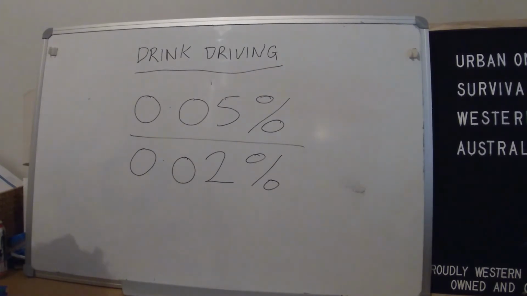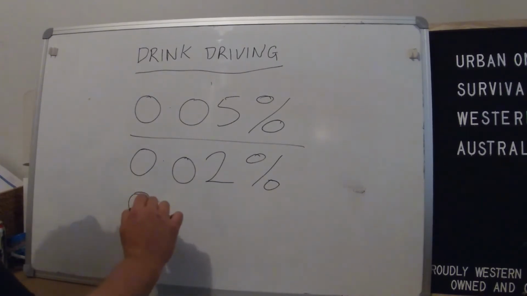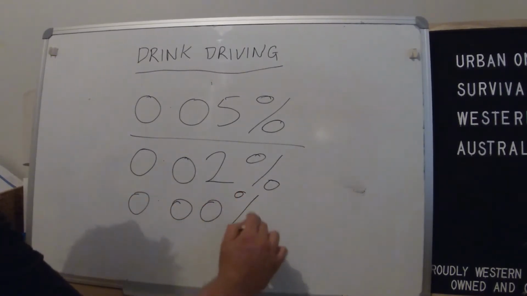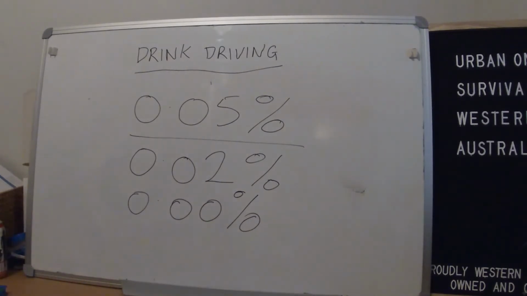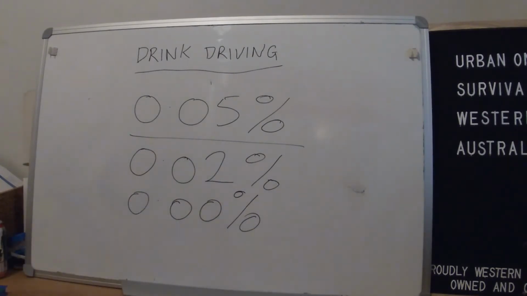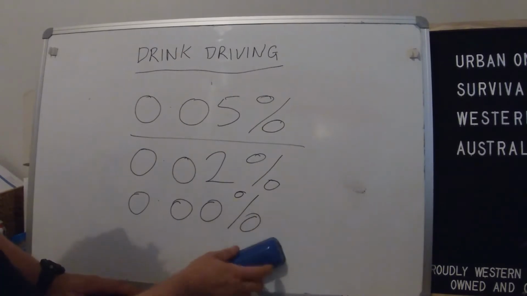And then there's certain P-platers and L-platers that have to be 0.00. So if you get checked for a random breath test from the local police, you need to be under 0.05 for a full license. If you're a provisional driver and you've got the alcohol restriction, you need to be 0.02. And if you're a learner, you need to be 0.